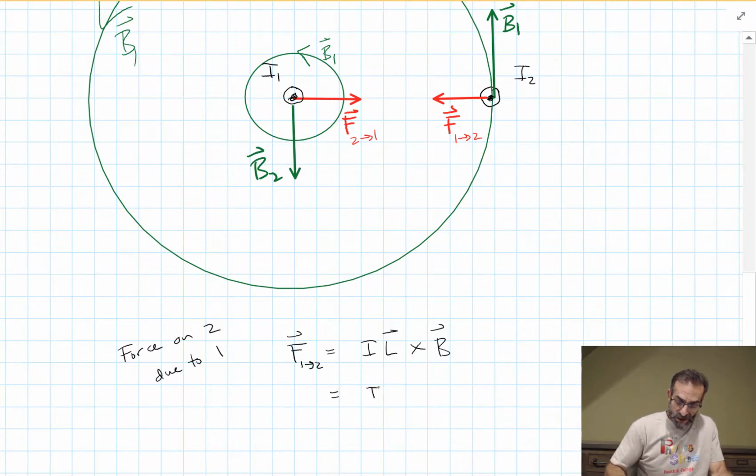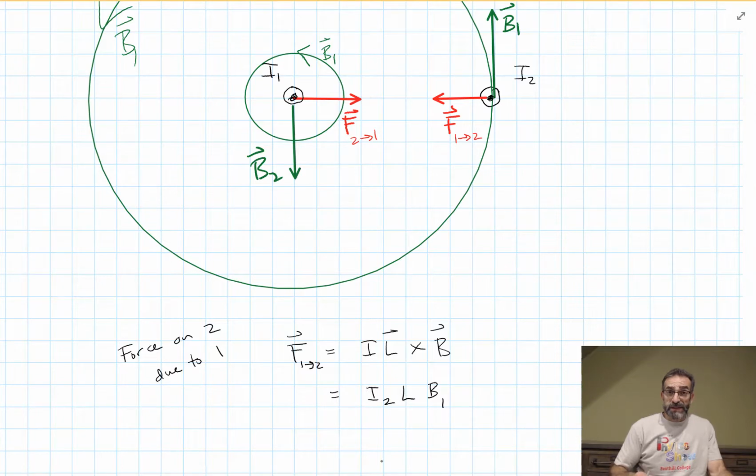That's going to be the current in wire 2 times the length of the wire times the magnetic field due to wire 1 at that location. And because they're perpendicular to each other, the cross product just yields a sine of 90 degrees or 1. So there we have it.